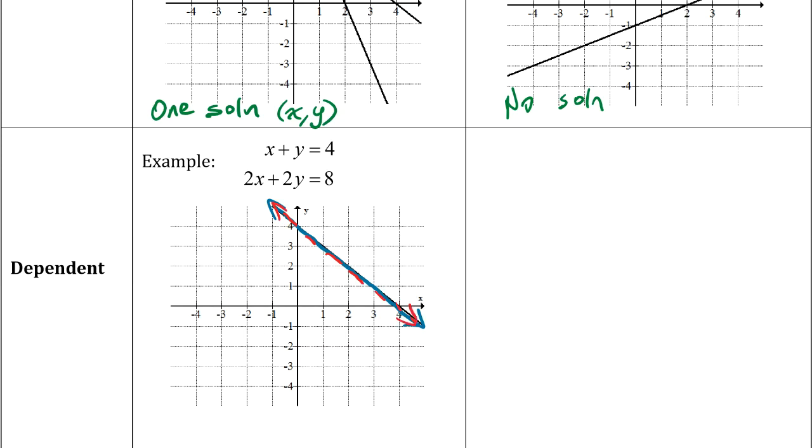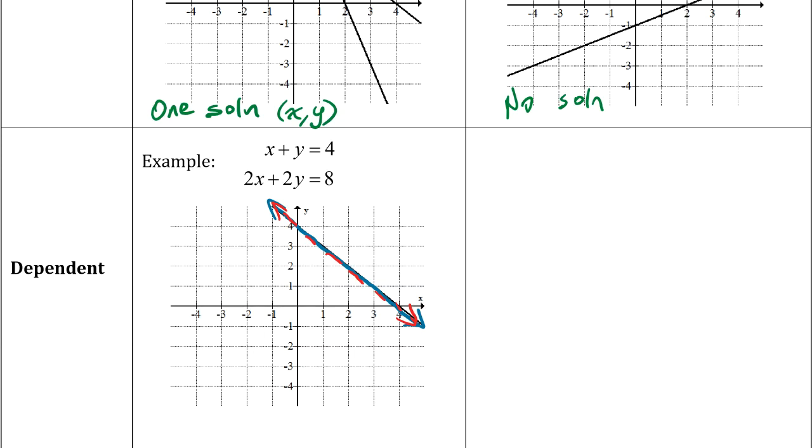They're the exact same line. So in this case, remember, our solution is wherever the 2 lines touch, right?